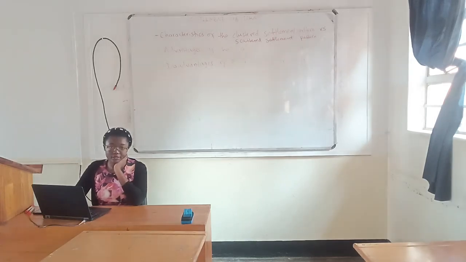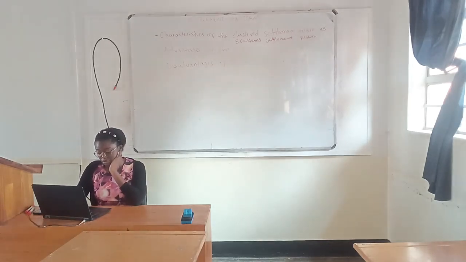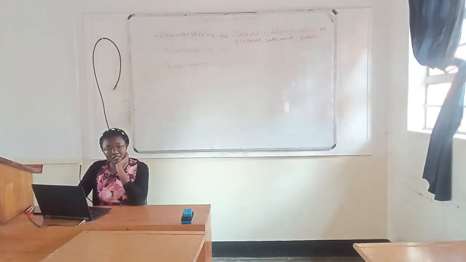While in a cluster settlement pattern, it might be easier to say that this is one area, and then after you cross this river, you find another area. After you cross this road, that's also another part. So those were the clustered and scattered settlement patterns.